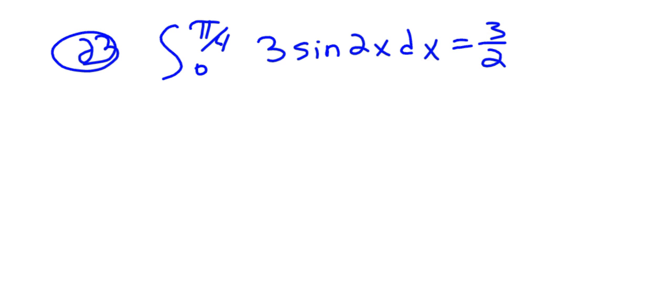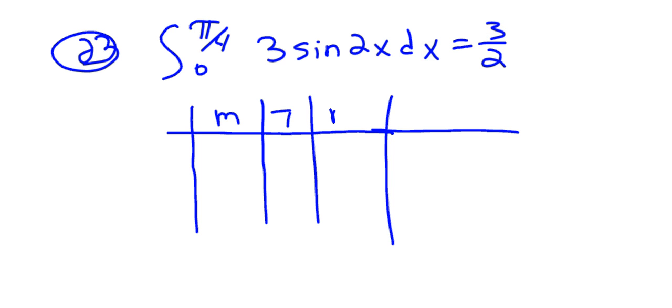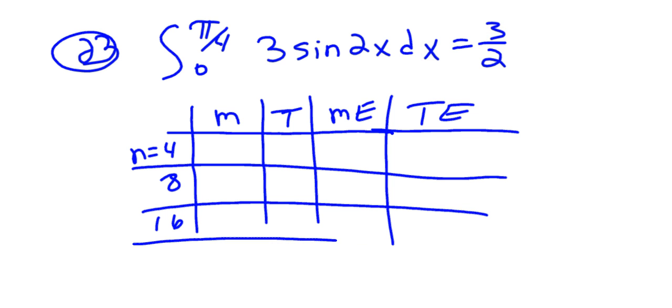They want us to go ahead and make a grid using the midpoint rule, the trapezoidal rule, and then find both errors, the midpoint error and the trapezoidal error, when n is equal to 4, 8, 16, and 32. So they want you to make a chart like this. And this is where you're going to calculate each thing here.